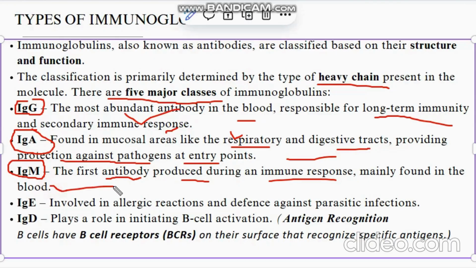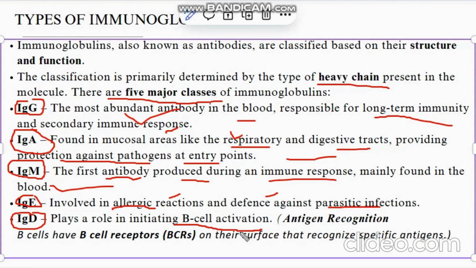And the next one is IgE antibodies. IgE antibodies are responsible for producing allergic reactions, and they provide defense and protection against parasitic infections. The next one is IgD antibodies. IgD antibodies play a very important role in initiating B cell activation.